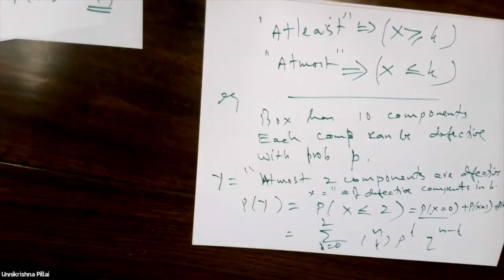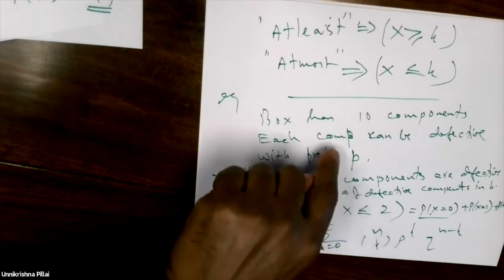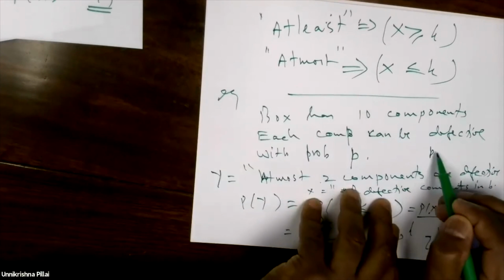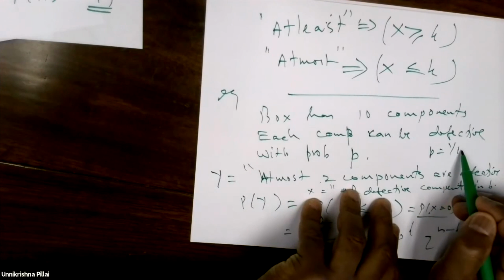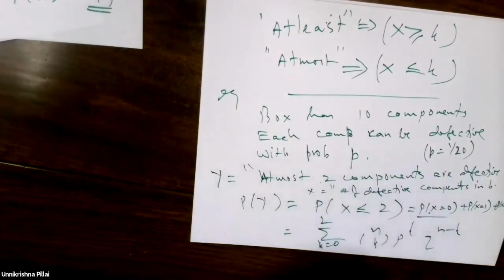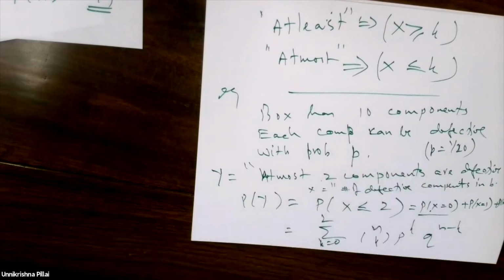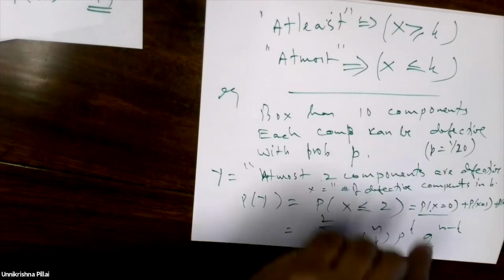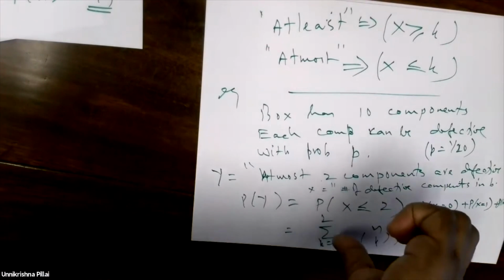So this is a quality control problem. You substitute the value of, let's say p is 1 over 20. So q is 19 over 20, n is 10, and you just compute this.